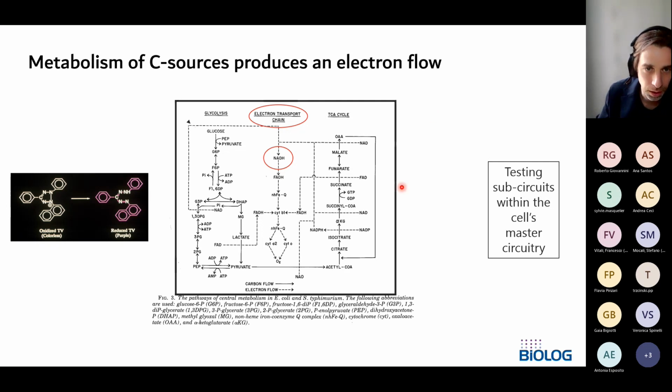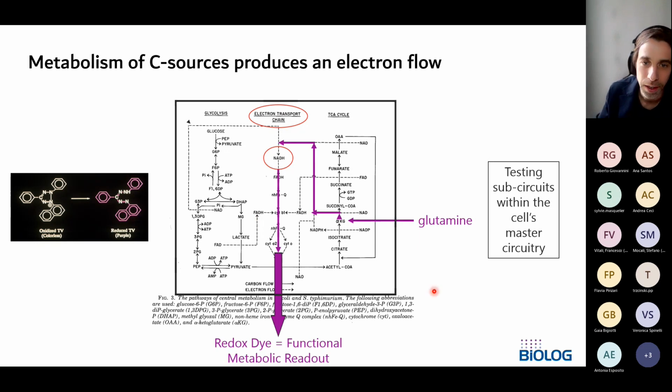This is pretty universal as a mode of function. There is glycolysis, TCA cycle, and in the middle, not by chance, the electron transport chain and the NADH. They are circled because that's exactly where the probe takes the electron from and reduces itself and flags the metabolic activity.